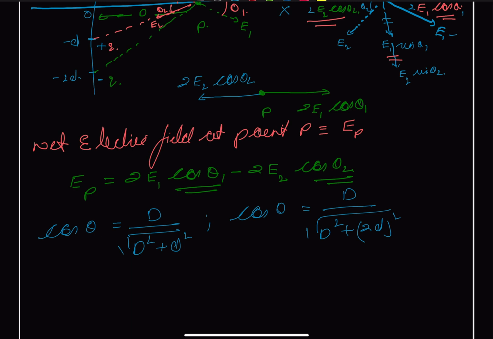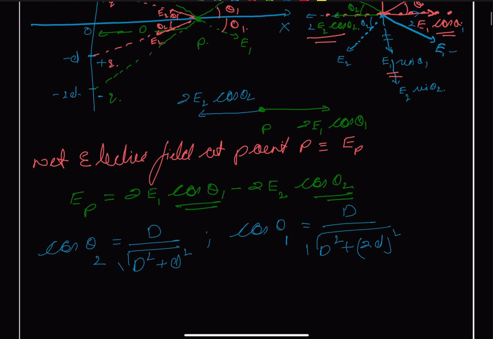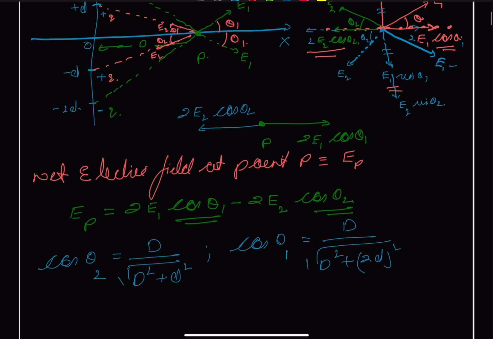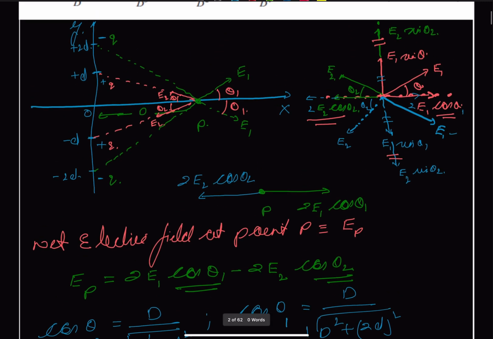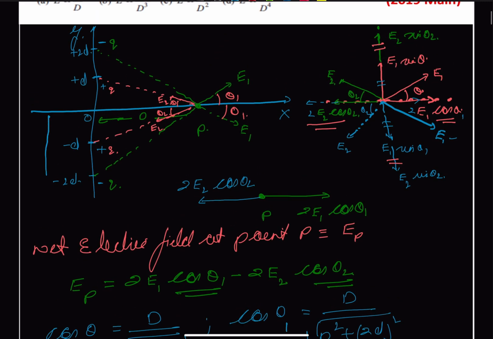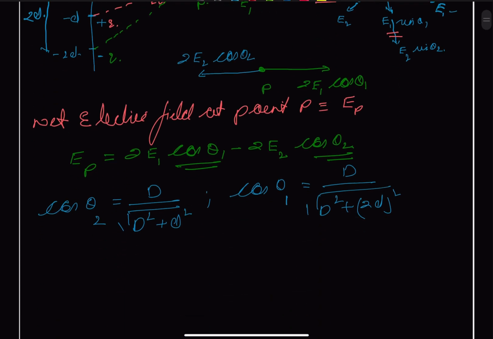This has to be theta 2 and this has to be theta 1, because theta 1 is because of 2d. Yes, so this distance is 2d. This looks good now.